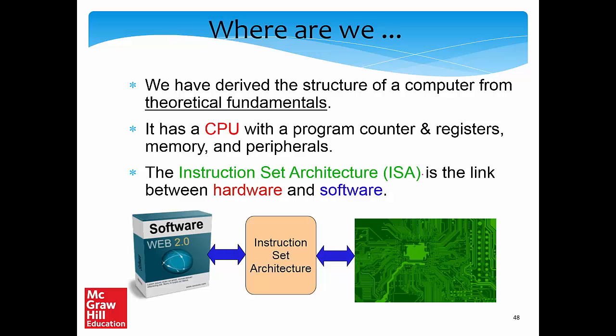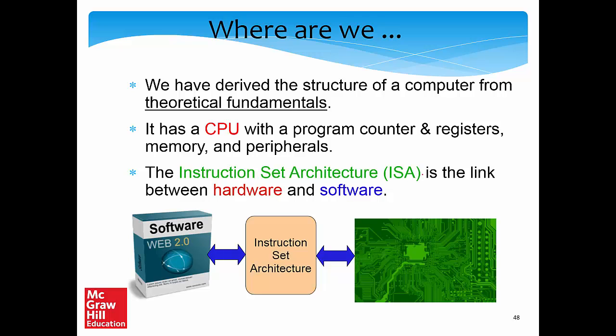We need to have a program counter to tell us where we are in the current program, which instruction we are executing. We need to have storage locations such as registers and memory. And finally, we need input-output devices like mice or keyboards or monitors, printers.